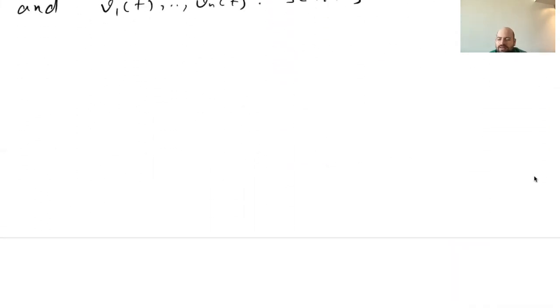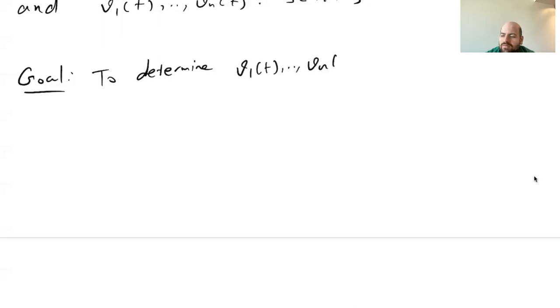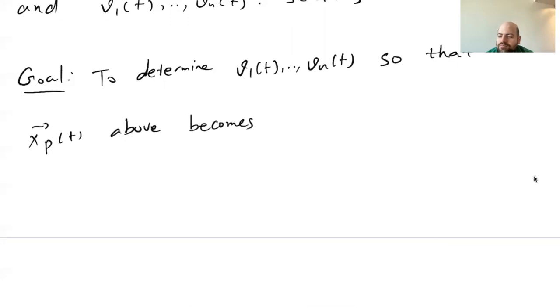So the goal here is to determine v1 of t to vn of t so that xp of t above becomes a solution for this system x prime equals ax plus g of t.